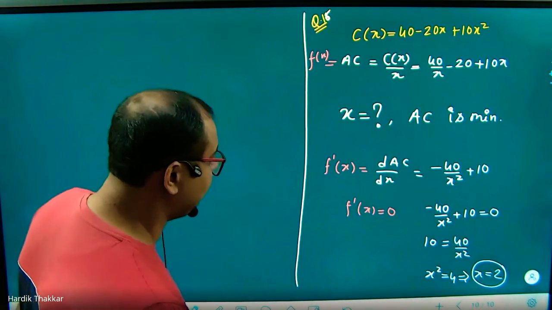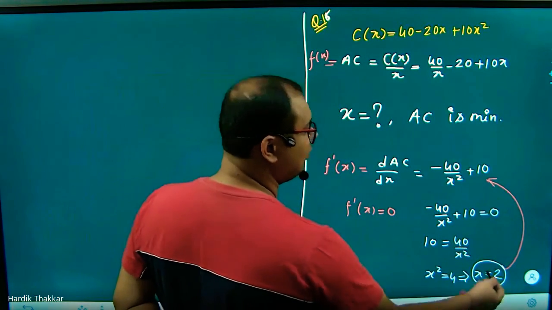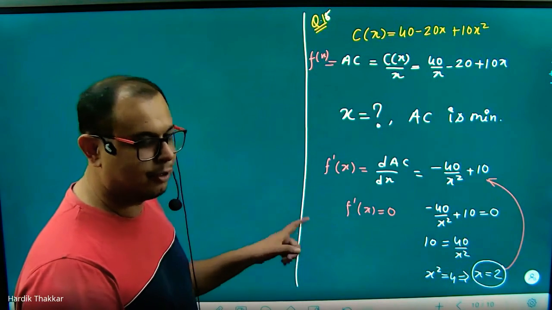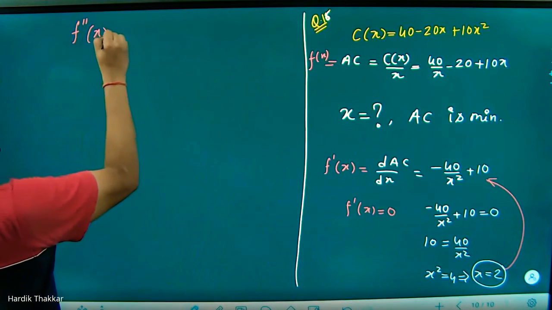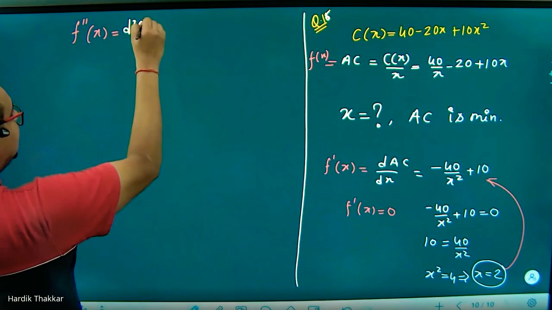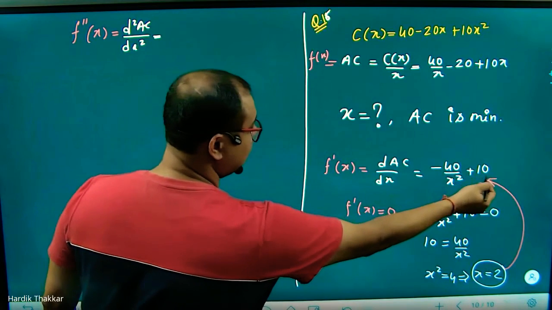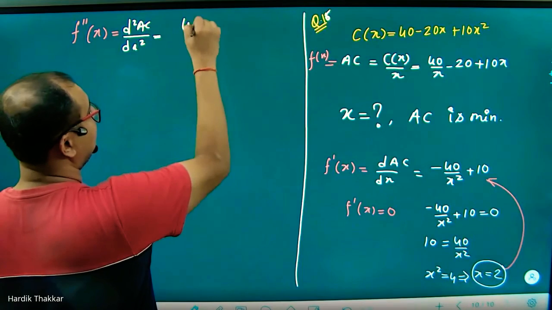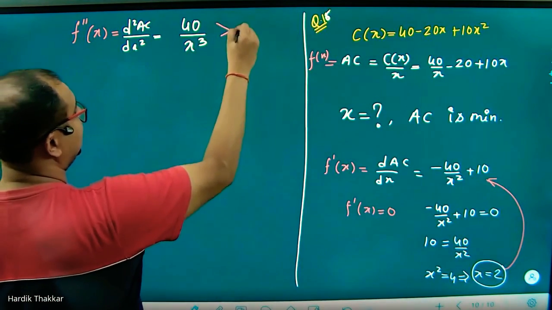Now we have to check whether x equal to 2 is a maximum or minimum, because it is a critical point. At this point we will get either maxima or minima. For that we find the second derivative, f double dash of x. Second derivative test: the second derivative of the AC function will be 40 upon x cube, since the derivative of the first part is 0. Here the second derivative is greater than 0.